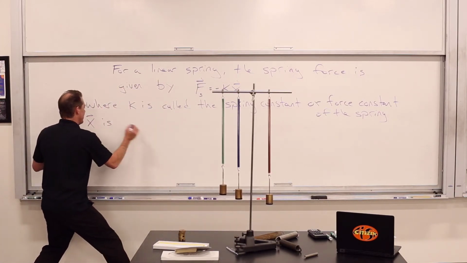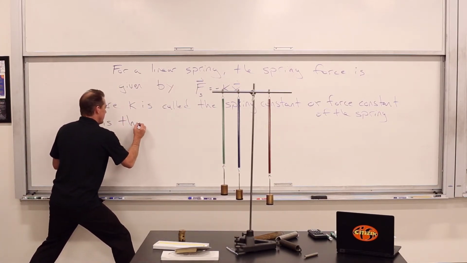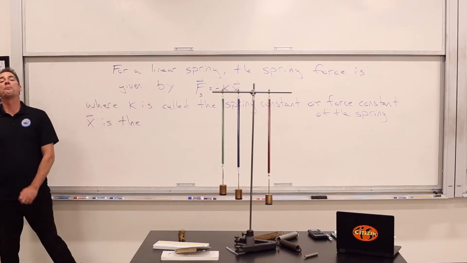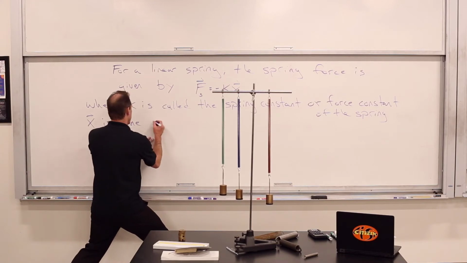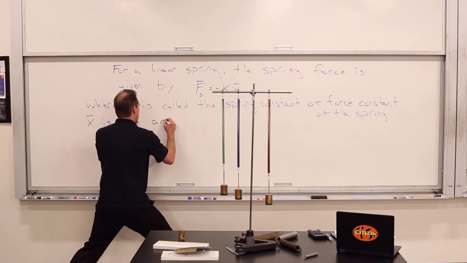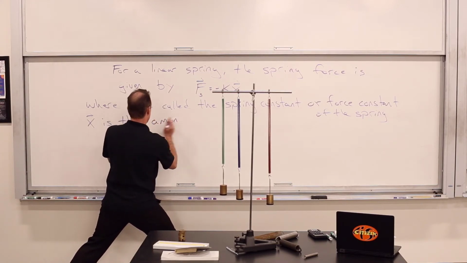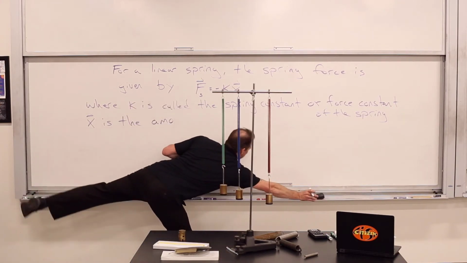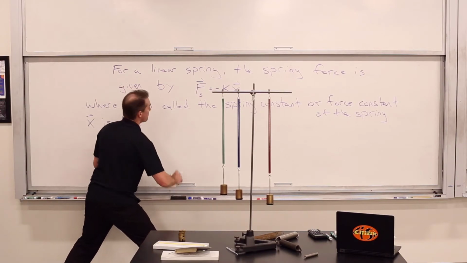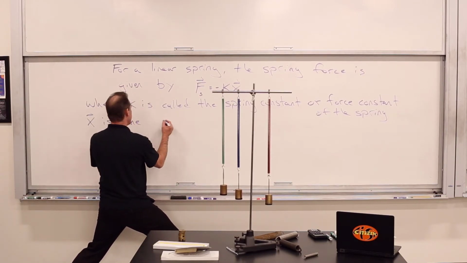X hat is the amount the spring's compressed or stretched by from its equilibrium position. Now let's just say that it's the displacement of the spring relative to equilibrium.